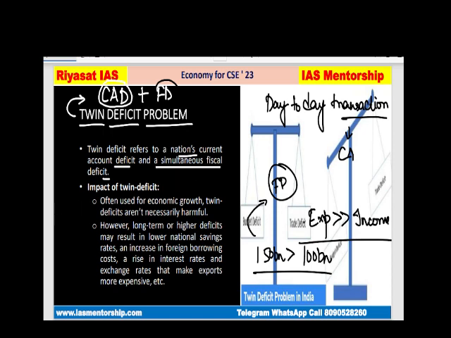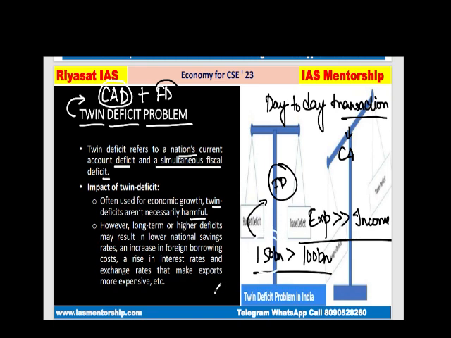Now, what can happen in this type of problem? Basically, sometimes they are not harmful. Why? Because if fiscal deficit is going on, this means that the government is focusing on expenditure for creation of a proper welfare state. From that viewpoint we can say that okay, that's fine. However, if it goes on for a longer duration of time, then it can cause a huge problem.